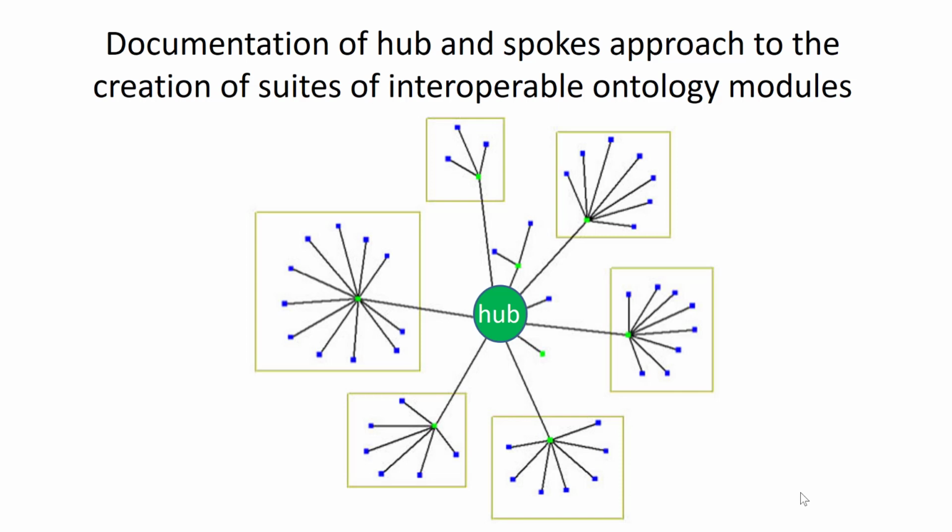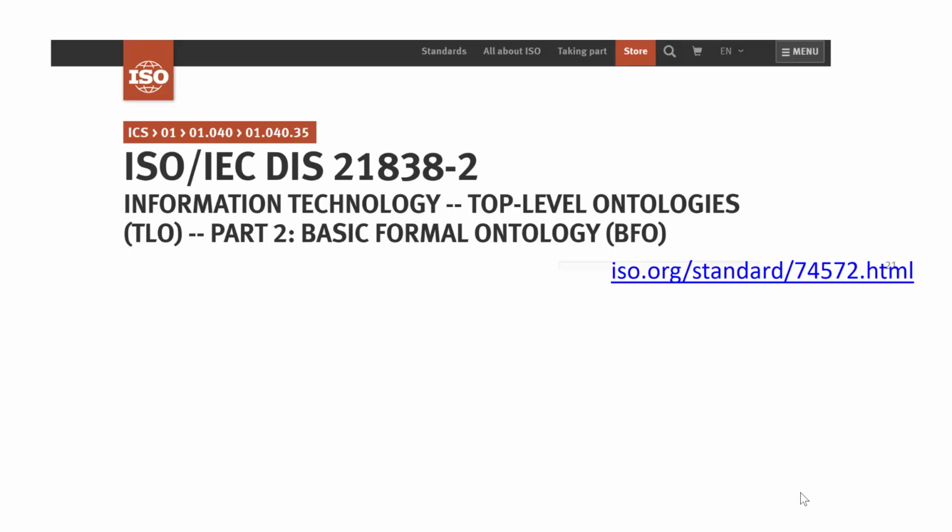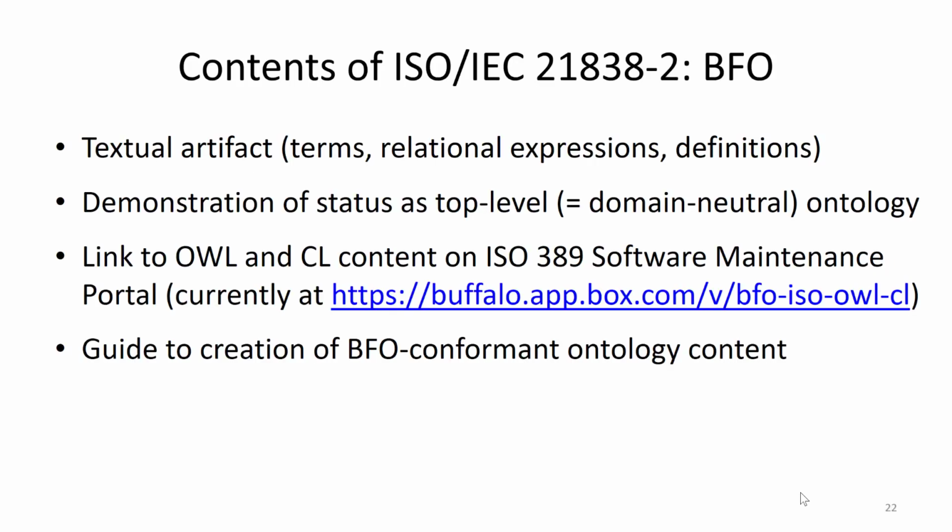All right, so now I'll move to part 2. Part 2 is BFO, and it's available at this link if you want to spend 58 Swiss francs. Here the contents are as follows, and the terminology will be clear enough now.